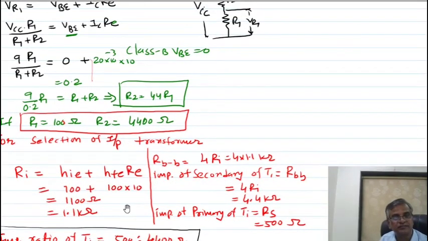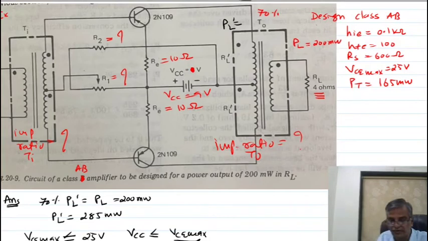So it is class B. The same circuit you can do for class AB. Only you have to select different values of R1 R2, such that VB should be 0.5.